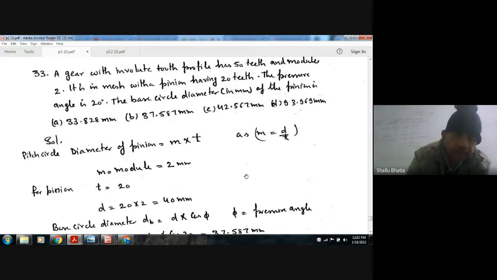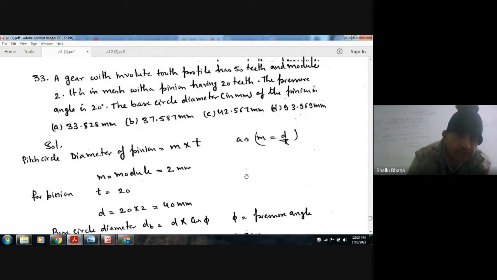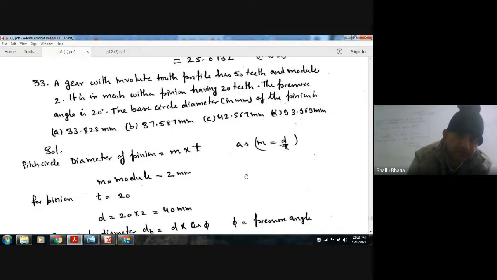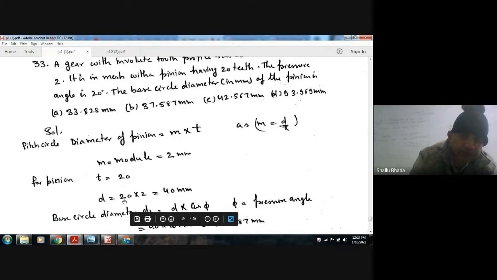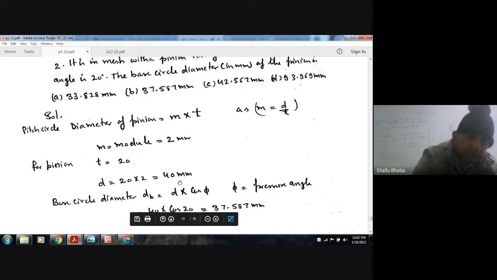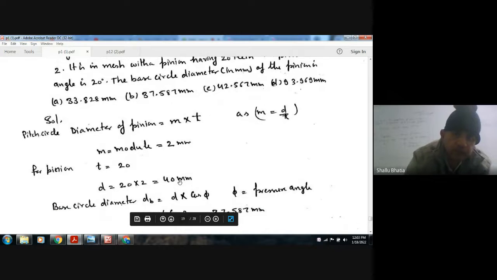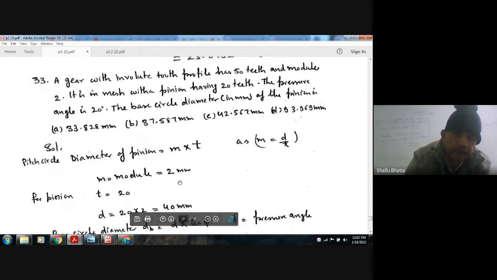The pinion has 20 teeth. As both the gears are in mesh, the module will be the same for both. So for the pinion, the diameter is 20 times 2, which is 40 mm. The pressure angle is 20 degrees.